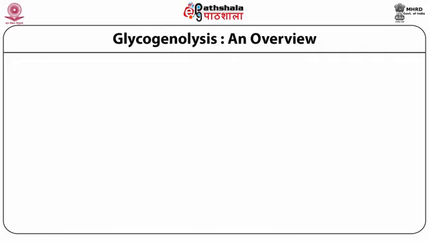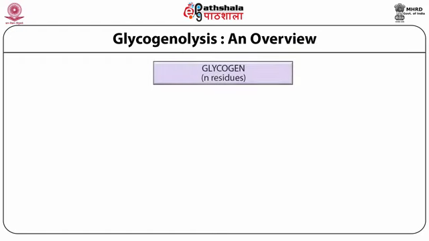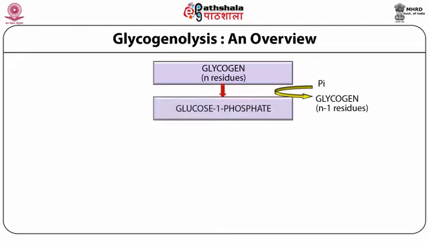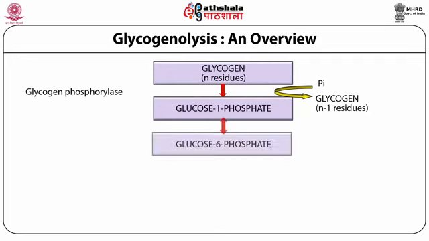This figure explains an overview of glycogenolysis. Glycogen is present in the cytoplasm in the form of granules. Over here, glycogen is converted into glucose 1-phosphate with the help of glycogen phosphorylase. This glucose 1-phosphate is converted into glucose 6-phosphate by phosphoglucomutase.